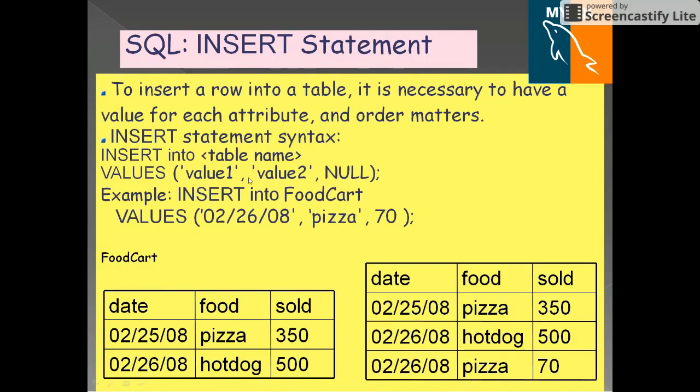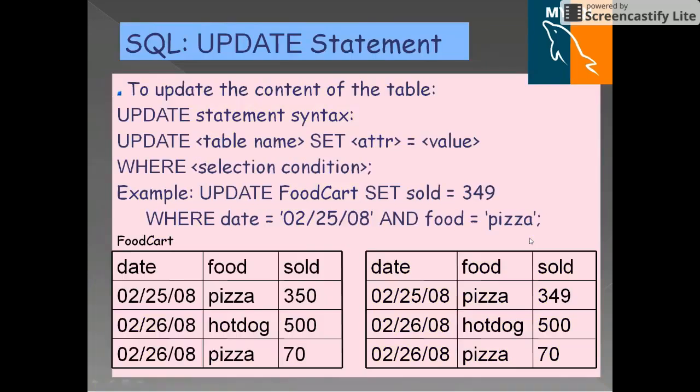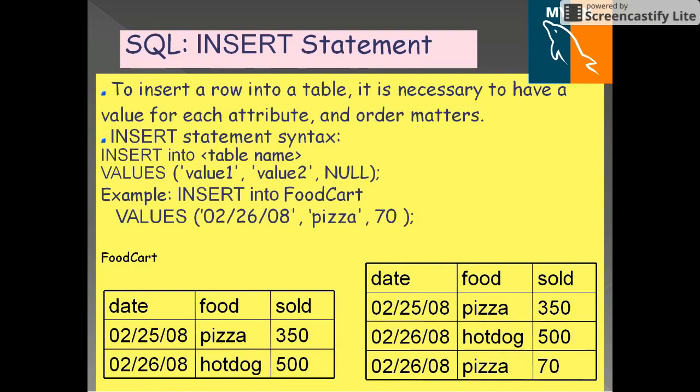So here it is. For example, if you want to insert a value of 25th February 2008 or similar data, you could add those here. If you want to add multiple rows, you must write the values in brackets multiple times, separated by a comma.